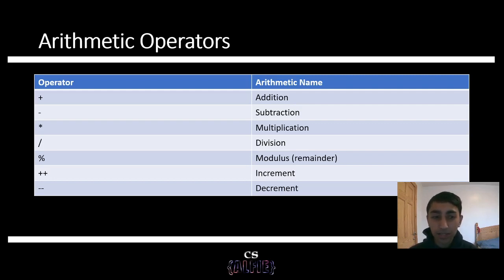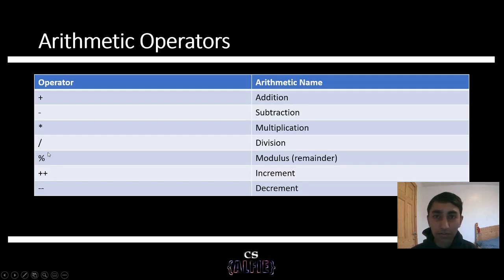Okay, so these are the different types of operators. As we can see, we have a plus for addition, a minus for subtraction, and the top four you should be familiar with through basic mathematics. And here, this might seem a little strange, but this is modulus.